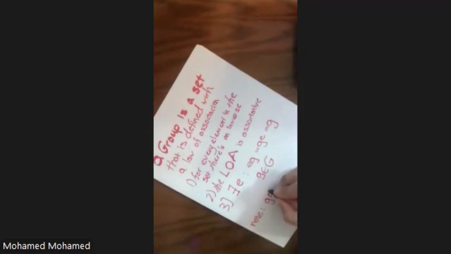The inverse here, I didn't write that. The inverse, g times g inverse, also commute, equals g inverse g equals e. That's a group. That's the first algebraic structure that we are going to study in this course.